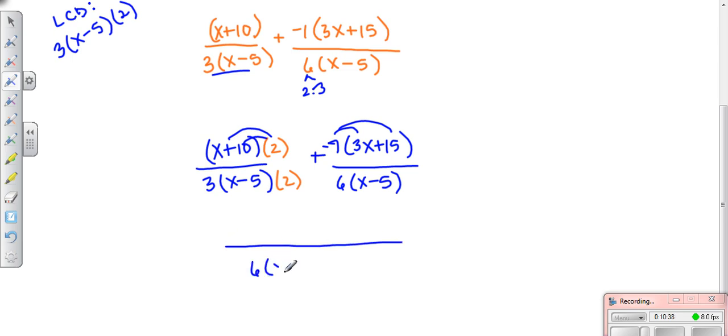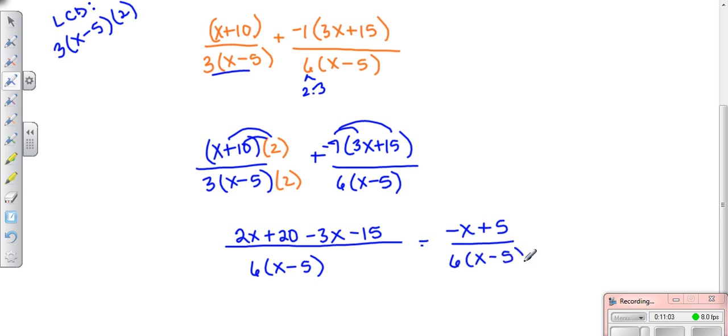So my denominator stays the same, and my numerator becomes 2x plus 20 minus 3x minus 15. Don't forget, you got to distribute that negative. Combine like terms. I have negative x plus 5 all over 6 times x minus 5.